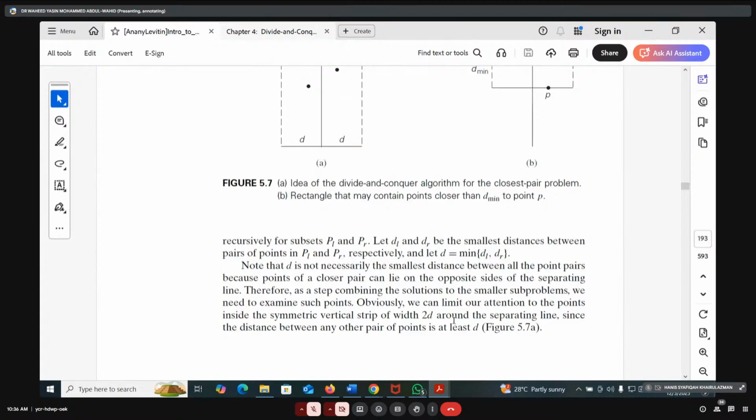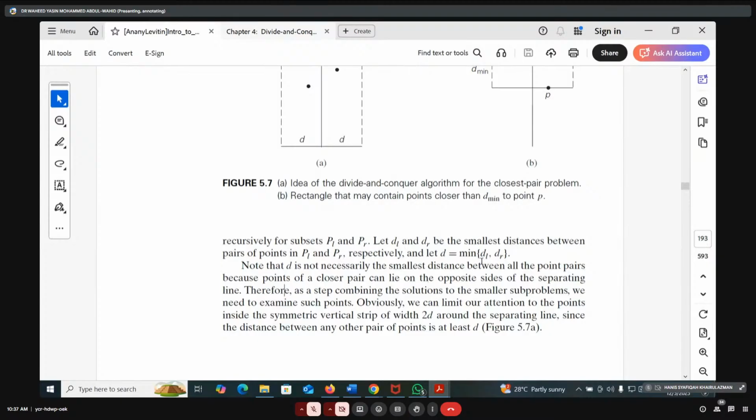Therefore, as a step of combining the solutions to the smaller subsets of points, we need to examine such points. We can limit our attention to the points inside the symmetric vertical strip of width 2D around the separating line, since the distance between any other pair of points is at least D. Here we have D and D. What is D?